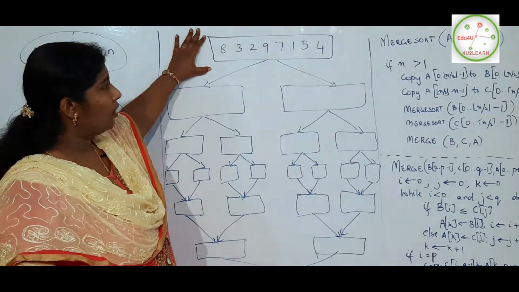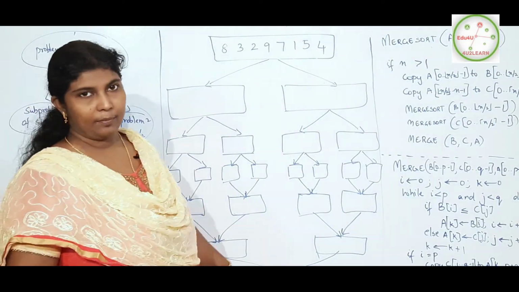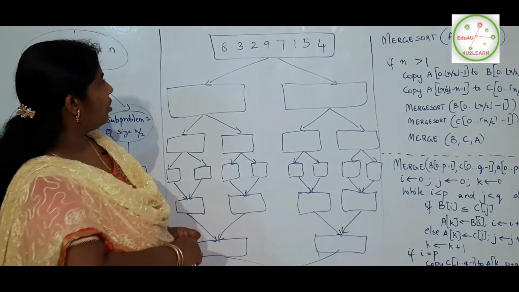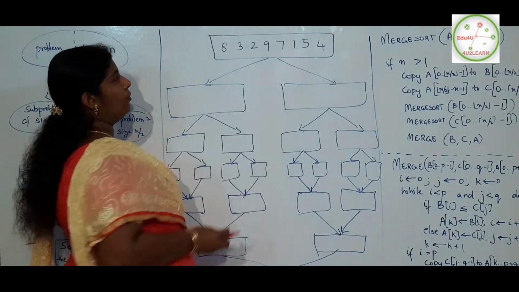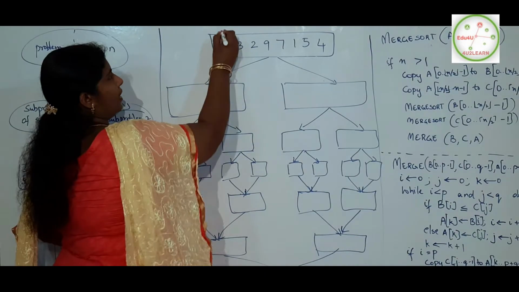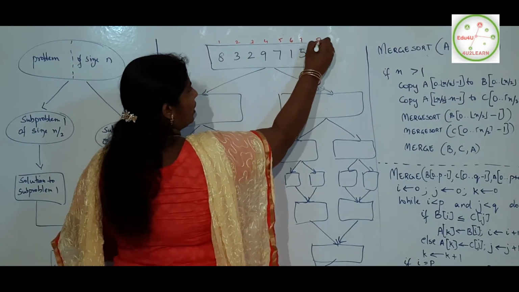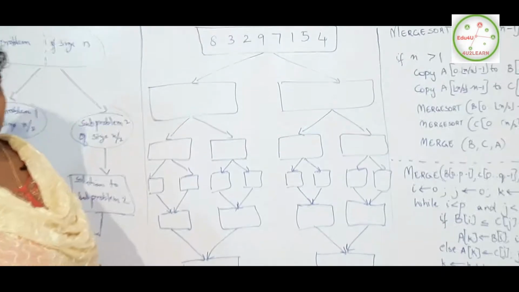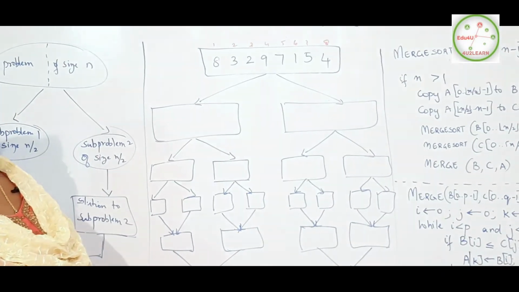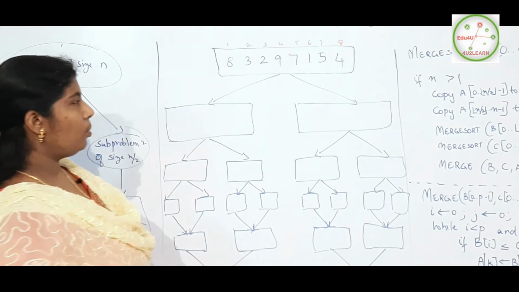Now we have a set of 8 elements. So this is a bigger problem of how many elements? 8 elements: 1, 2, 3, 4, 5, 6, 7, 8. According to our concept, it is going to be divided into 2 halves.